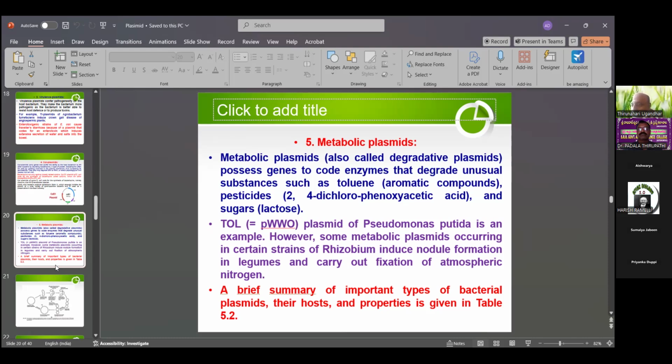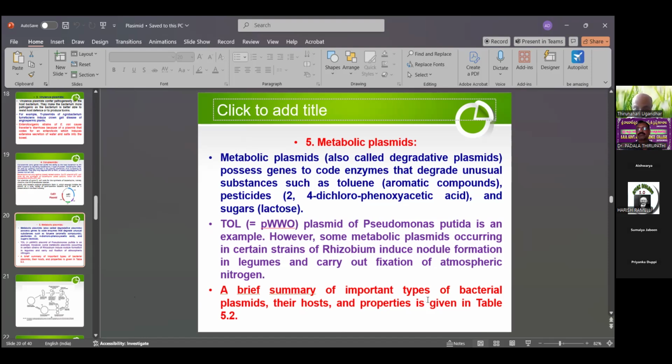Inside these root nodules the Rhizobium bacteria are present, for example in members of the Leguminosae family. It is also important for nitrogen fixation in symbiotic relationships. Rhizobium induces nodule formation in legumes and carries out fixation of atmospheric nitrogen.